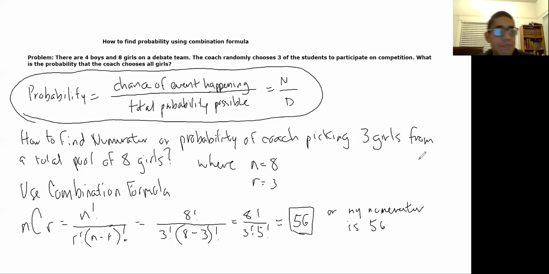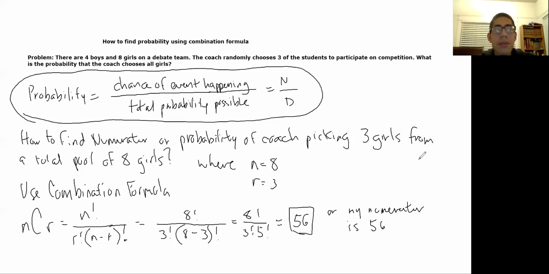Okay, so the question I have below the circle is how to find the numerator, or the probability of a coach picking 3 girls from a total pool of 8 girls. I'm just going to figure out the numerator first, the number on top of the fraction, and the way I do that is I'm going to use the combination formula below. Since I want to know the chance of a specific event happening, my specific event here is the coach picking 3 girls from a total of 8 girls.